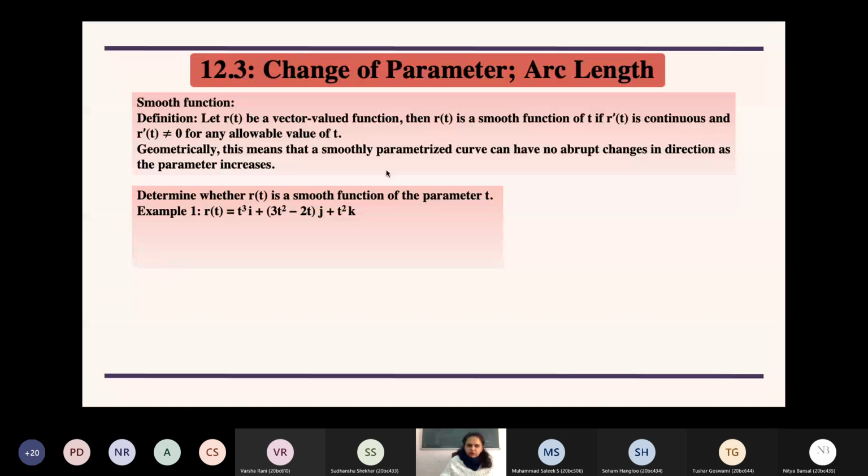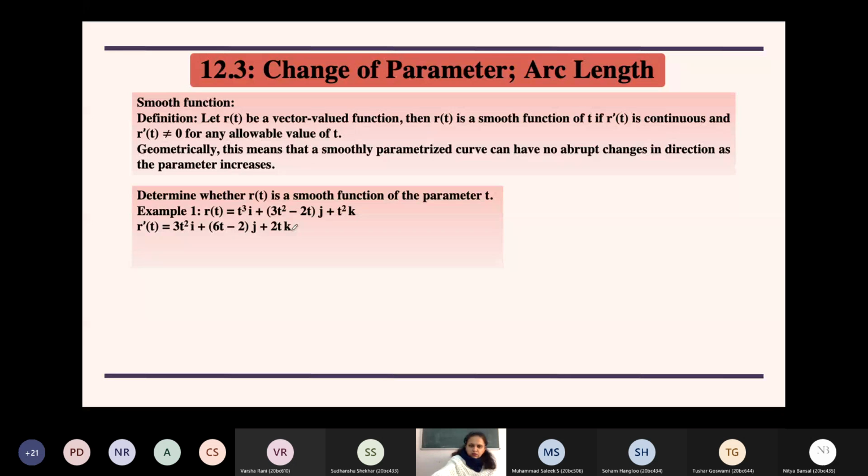The i component will be derivative of the i component. So 3t square. Then j component will be derivative of j component. So it will be 3t square minus 2, sorry, 6t minus 2. And the last one will be derivative of t square, which will be 2t. So I hope this is fine.